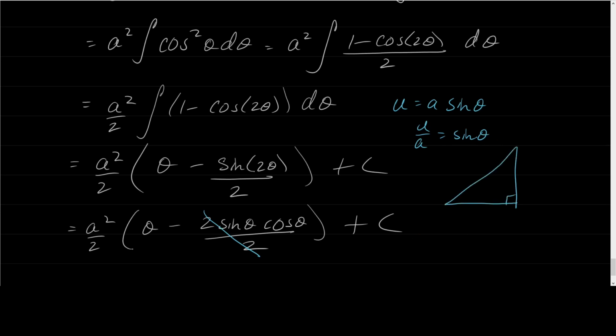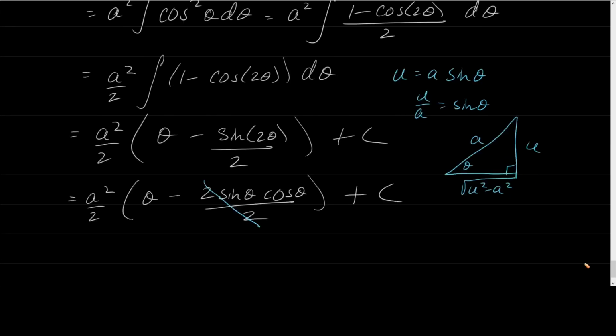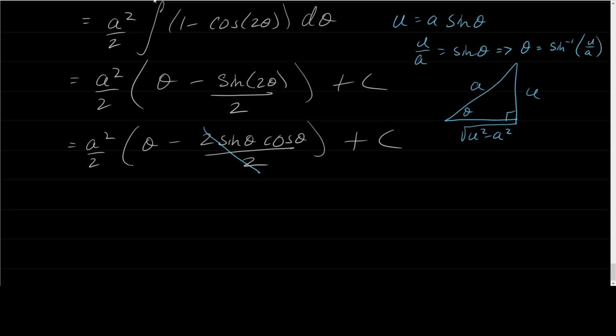This gives me the triangle: if this is theta, from SOHCAHTOA, we have opposite over hypotenuse. The adjacent side would be the square root of u squared minus a squared. The other thing that this tells me is that theta is equal to sine inverse of u over a. So at that point, what do we have?